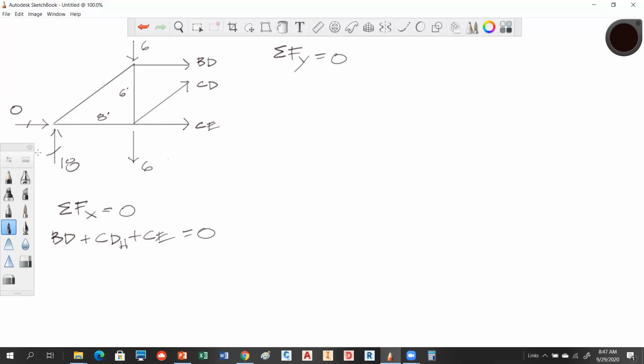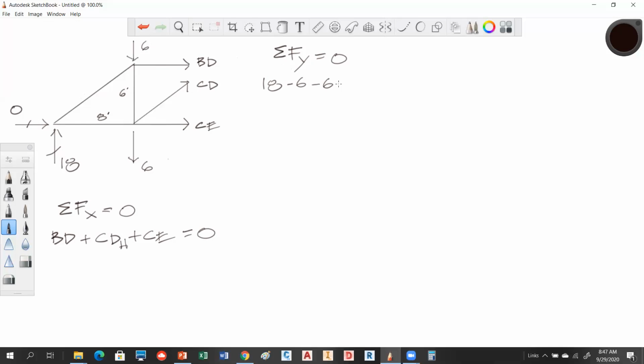Okay, so sum of forces in Y, we have 18 up, minus 6, minus 6. What else? BD doesn't give you any vertical. CE doesn't, but CD does.